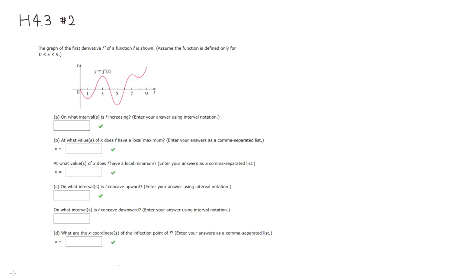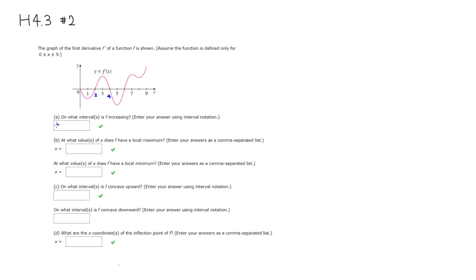We want f to be increasing, so we look at the derivative and make sure that the derivative is positive. When it's positive, the graph stays above the x-axis. So you can see that between 2 and 4, the graph is above the x-axis.